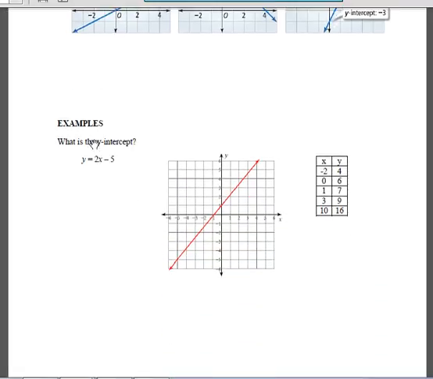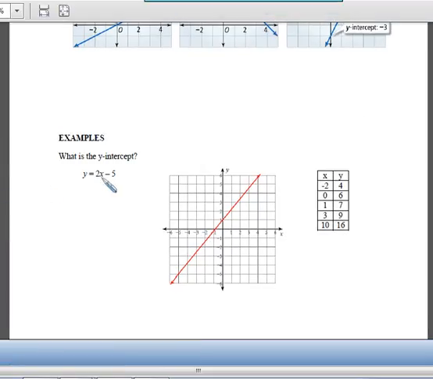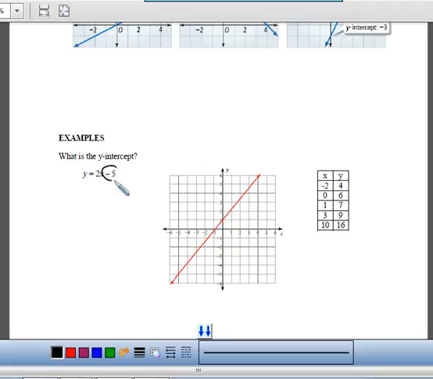Alright? Okay, we've got 3 more examples at the bottom that are in the different forms. So we have, what is the y-intercept? So, when you have an equation, you can look and spot it right there. But another way to do this is say, well, okay, when x equals 0, what is y? Alright, so y equals 2 times 0 minus 5.